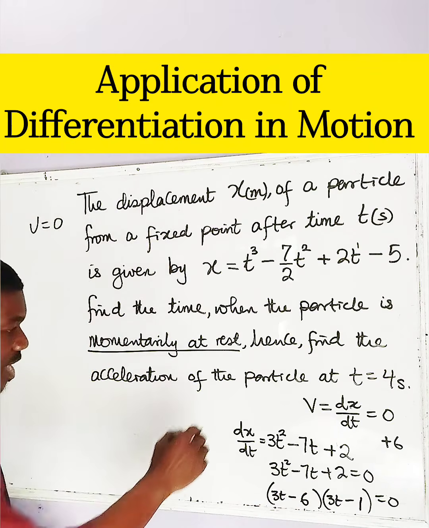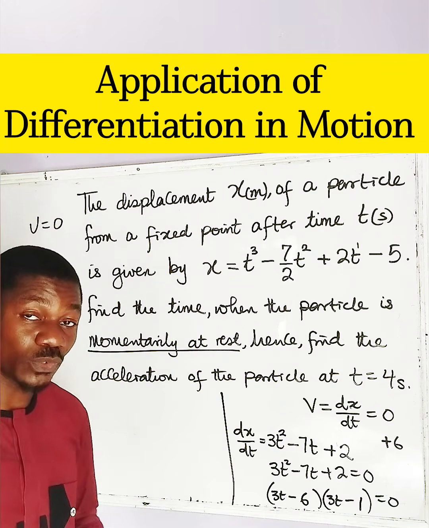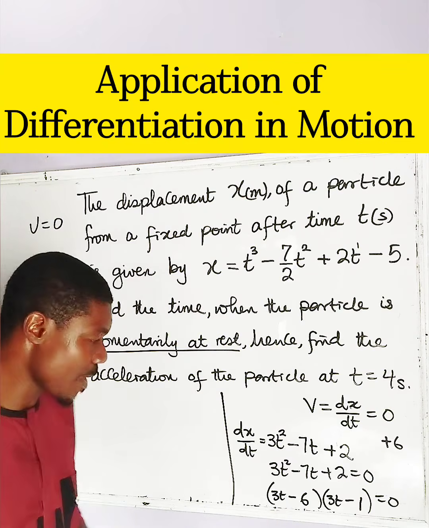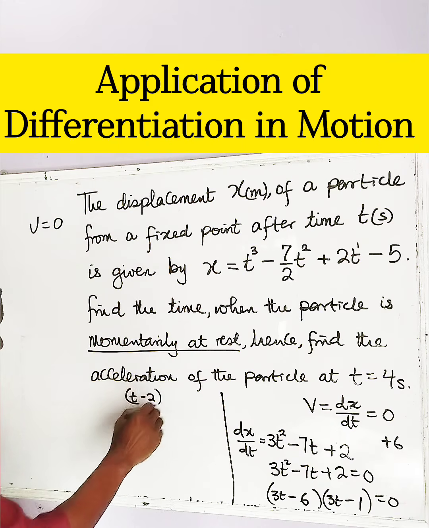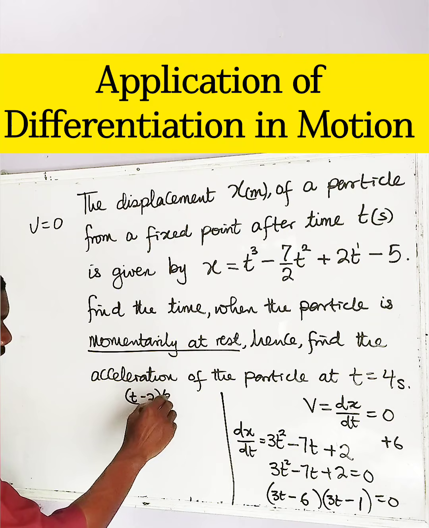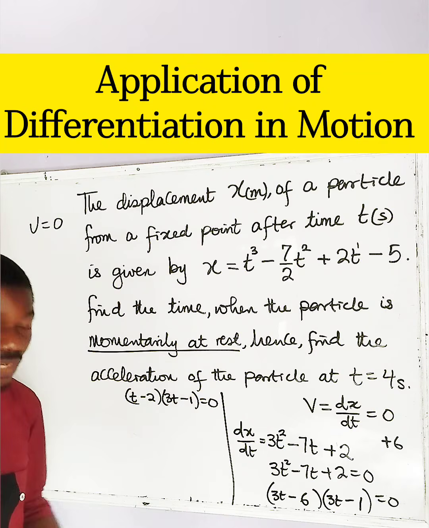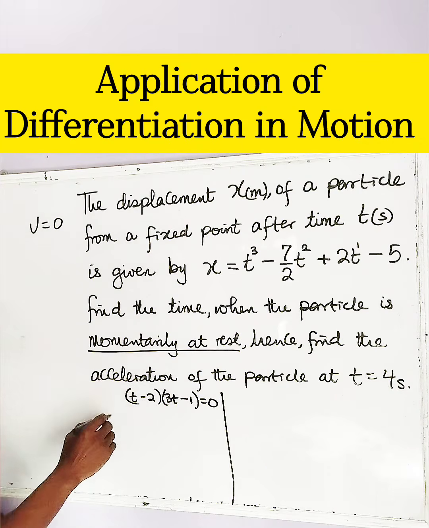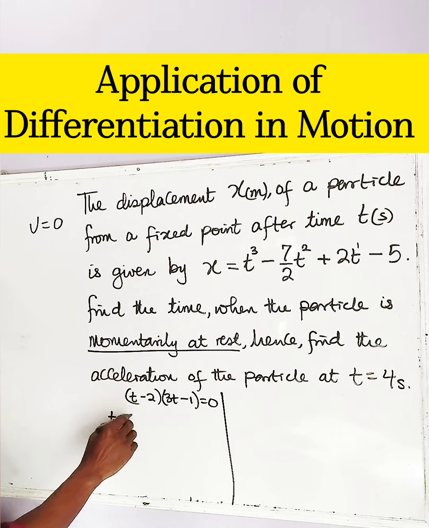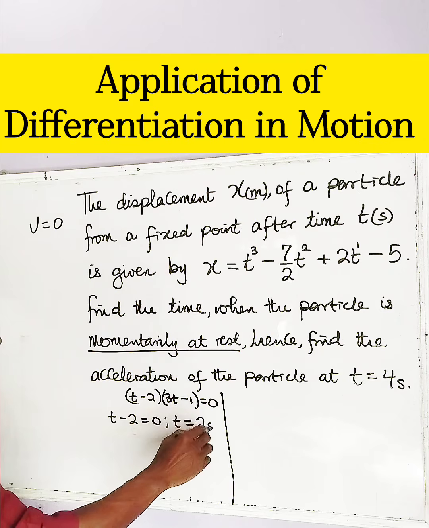Now you can see here that we have a common term, which is 3. So we can divide through by 3. By dividing through by 3, we end up having t minus 2, then here we're left with 3t minus 1 equals 0. Since the two terms multiply to 0, we equate the respective terms to 0. So t minus 2 equals 0, which implies that when we add 2 to both sides, t equals 2 seconds.